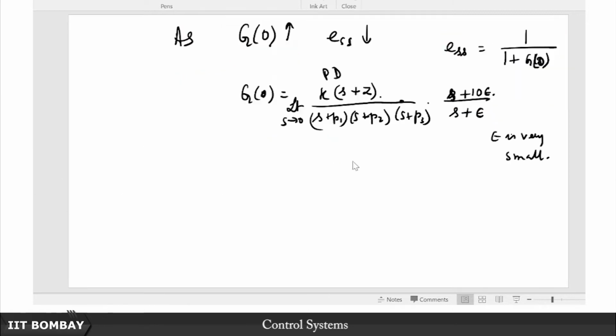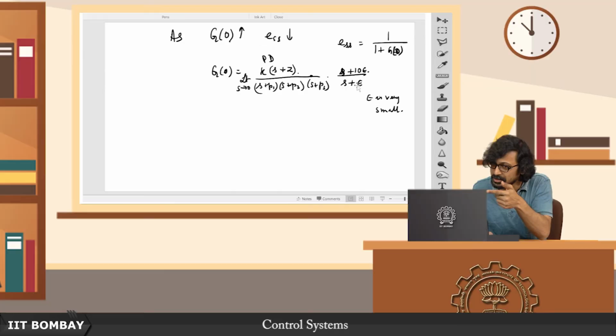After all, when you put S equal to 0, you are drawing all these phasors. You start one at minus Z, ending at the origin. Another at minus P1, ending at the origin. This at minus P2, this at minus P3, ending at the origin. This you start at minus 10 epsilon, and this at minus epsilon, ending at the origin, and you are measuring the lengths.